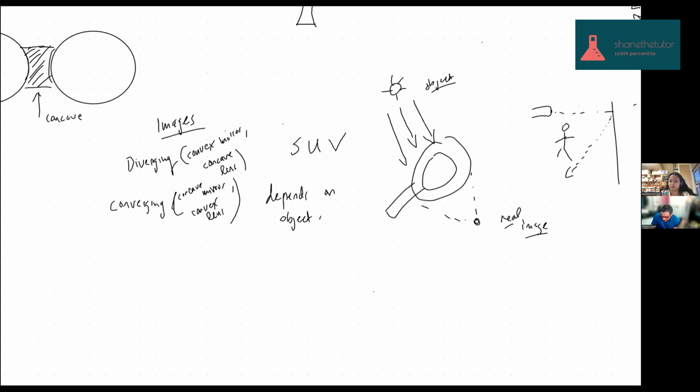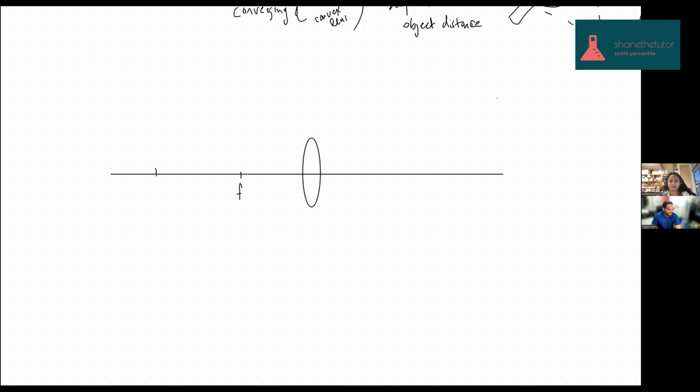Let's say I'll start with something like this, and I'll make this the lens, and then let's say this is F, this is 2F, and I'll go F on the other side and 2F on the other side.